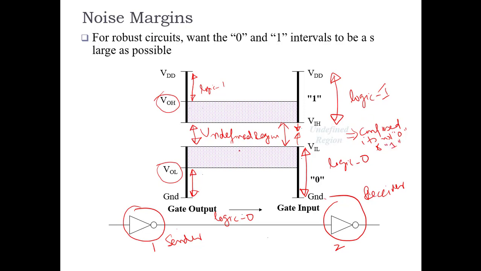Here my digital gate will fail. It will not work, because we have violated the gate discipline. If this ever happens, your gate will be confused. So this is one thing to understand, the undefined region.